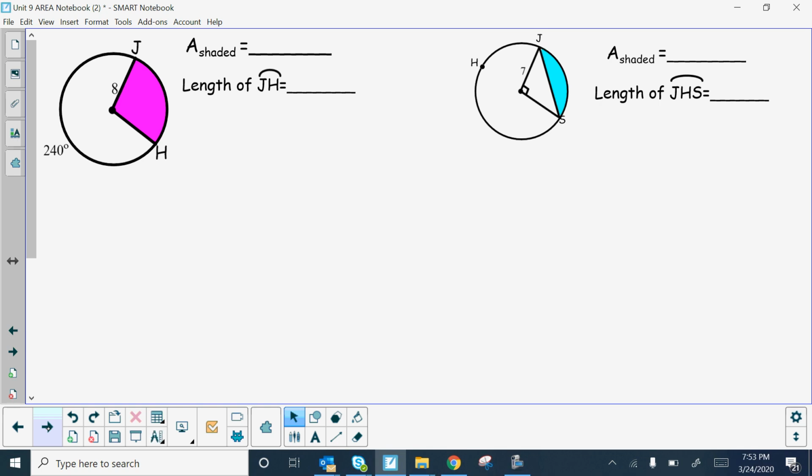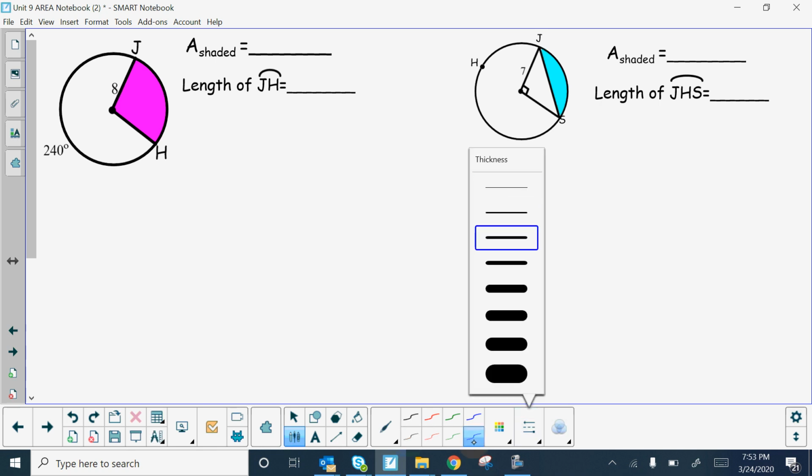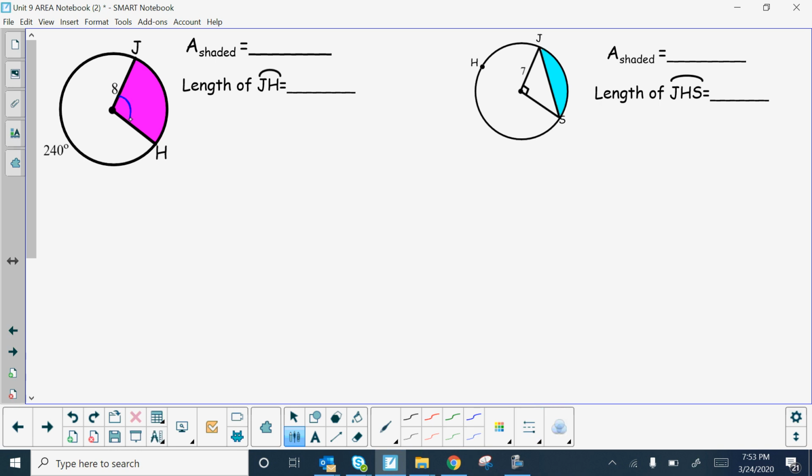So over here on this first problem, we have that sector shaded in pink, and we need to find the area of that shaded region. So I'm going to use my formula. And so we have to figure out what this angle is right here in degrees. So we do know that from here to here is 240 degrees. So if we subtract 240 from 360, that leaves us with 120 degrees.